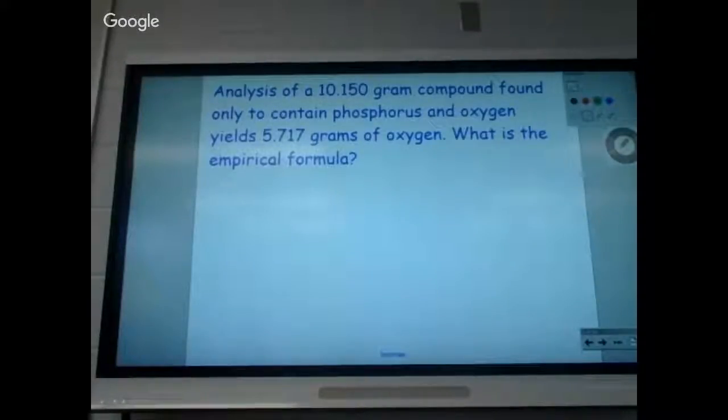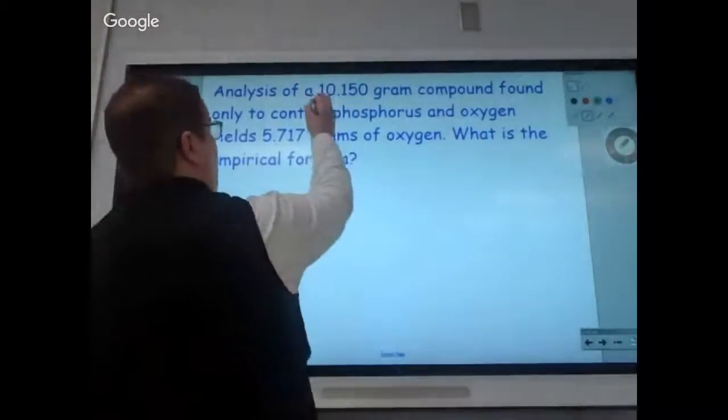All right, so have we got it written? Okay, so what do we need to do? We got to find the phosphorus. This tells you that it's the mass of the what?